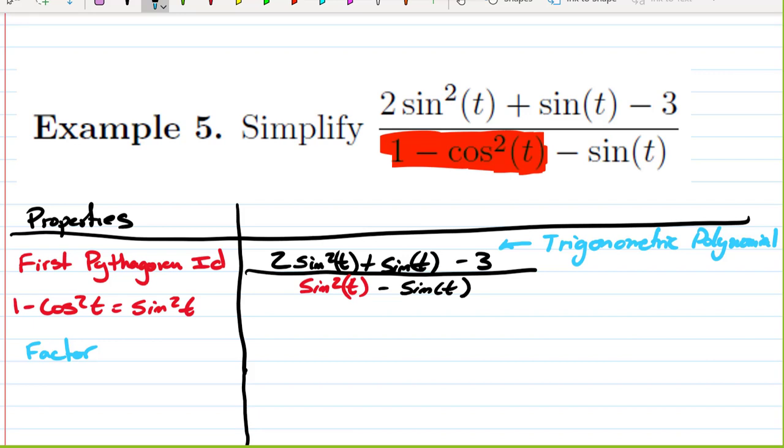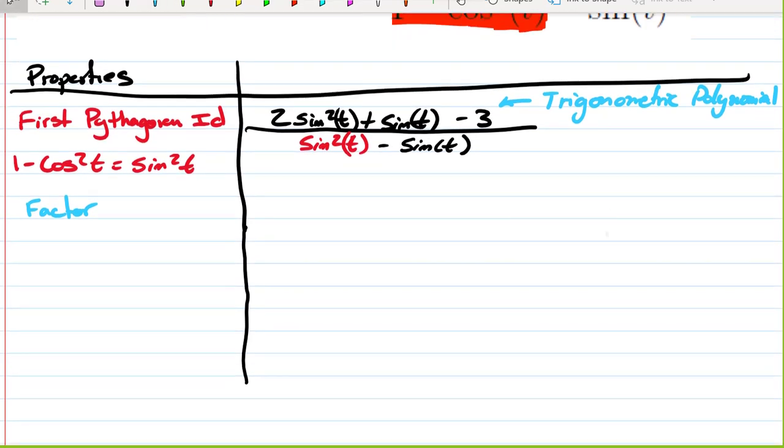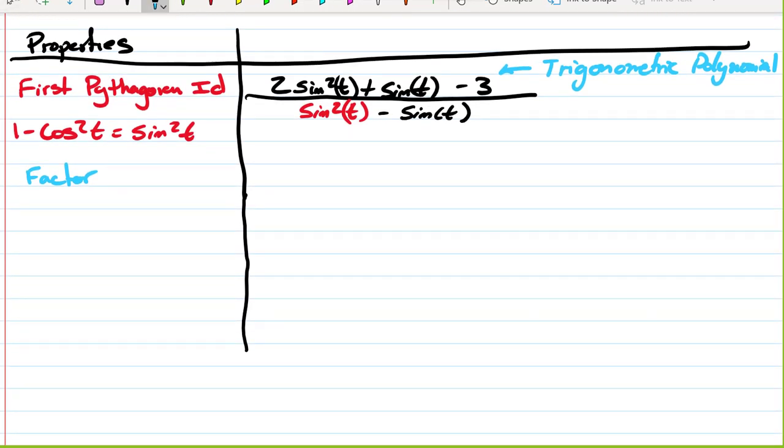So what I mean by that is that we need to factor this trigonometric polynomial. Well, this is a trigonometric polynomial with 2x squared plus x minus 3, where x is equal to sine t. Because if I were to replace all of the x's in 2x squared plus x minus 3 by composition with this, I would get 2 sine squared t plus sine t minus 3. So we need to factor this polynomial.